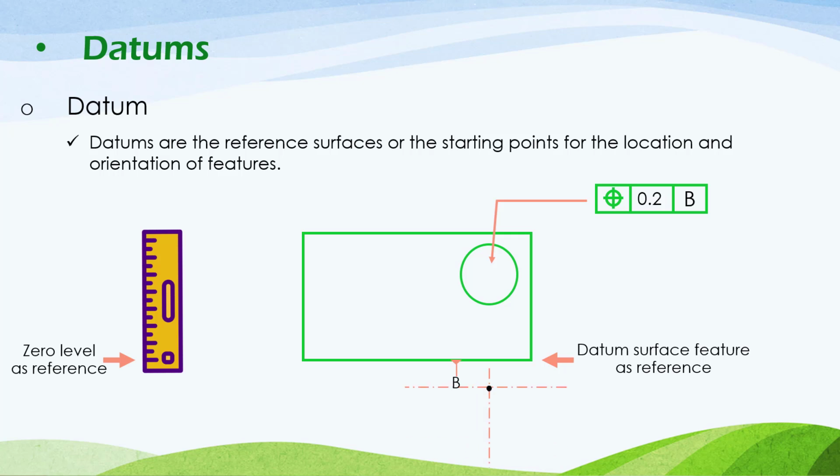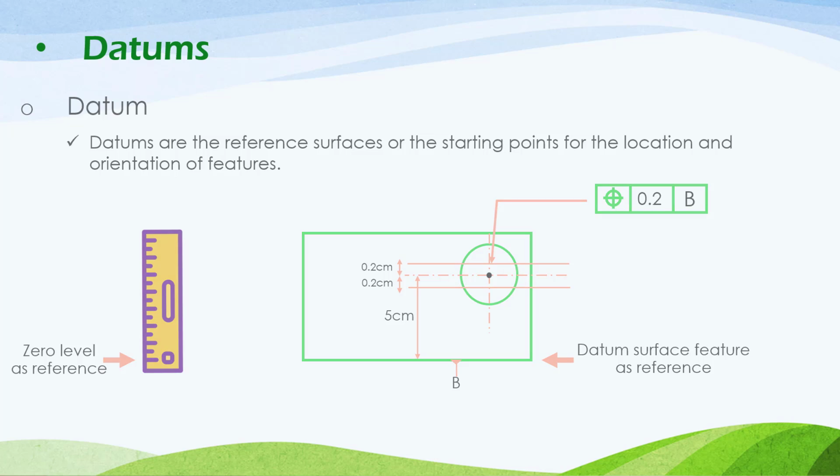Hence, we specify the ideal position of the hole center related to the datum feature P, for example. And this means that the hole center is having a tolerance of 0.2, and this is related to its ideal position or its theoretical position. So that's the basic idea behind the datums. That is very important as it's related to the tolerancing operation directly. So we cannot make most of the tolerancing operations without specifying the reference datum.